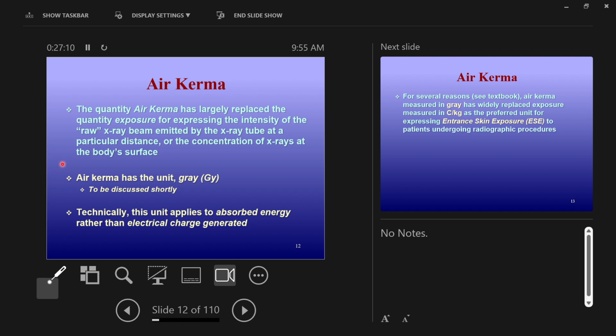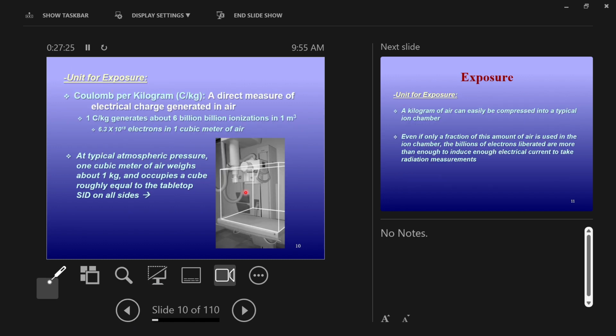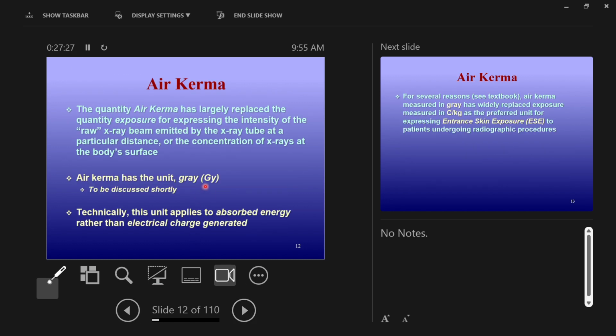Now, 1 coulomb per kilogram would be 1 gray worth of air kerma. So the gray is a coulomb per kilogram. So the unit I just gave you, coulomb per kilogram, is the gray.